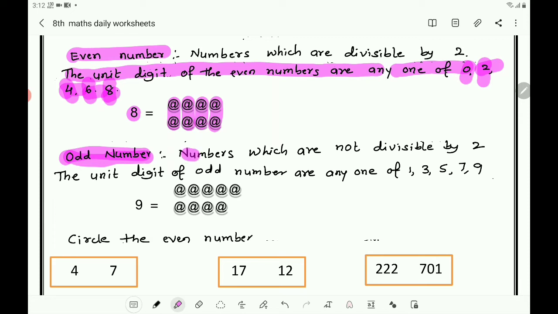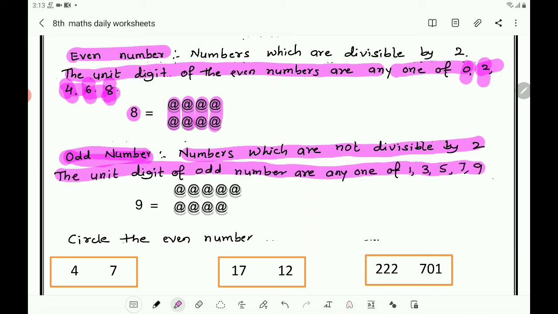Numbers which are not divisible by 2 are called odd numbers, and the unit digit of an odd number is any one of 1, 3, 5, 7, 9. And if there are an odd number of objects, you can't make them into pairs of 2 objects. Here one single object remains without a pair. So that is the nature of an odd number of objects.